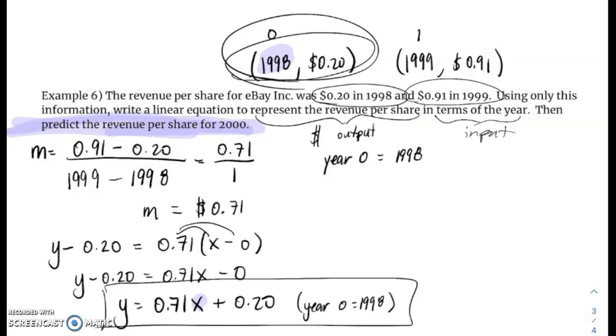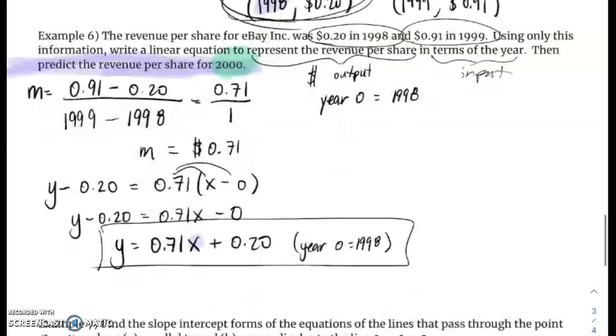But since I'm using 0, 2000 would be year 2, because it's 2 years after year 0. So in this case, I'm going to plug in 2. Just by using 0, I made it easier to do the computations. Plugging in 2, so that would be year 2000 means x equals 2.